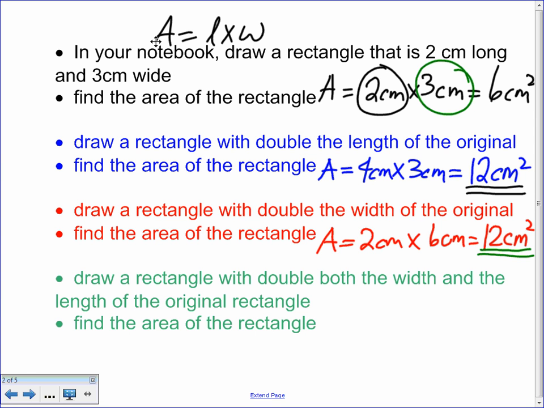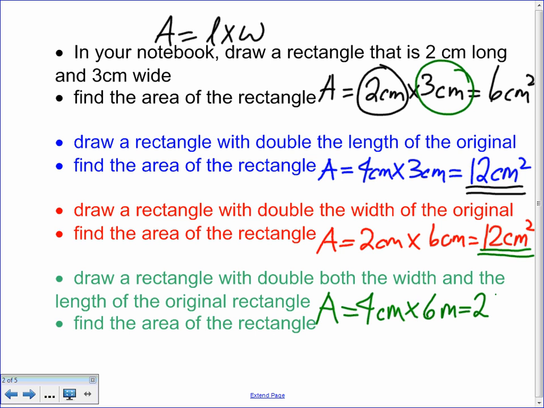So let's try this lastly. Let's draw a rectangle with double the length and double the width and find its area, and let's see what happens to our original rectangle. Area equals length times width. I'm going to double the original length to 4 centimeters. I'm going to multiply it by double the original width, which is 6 centimeters.